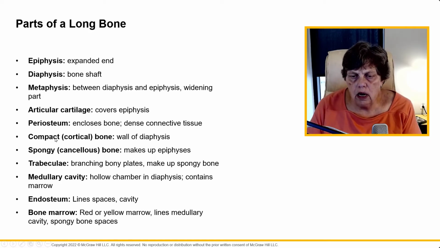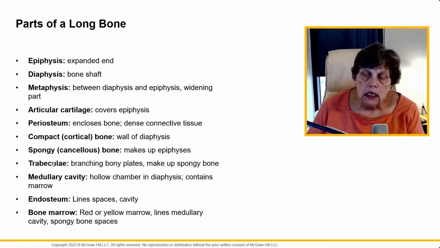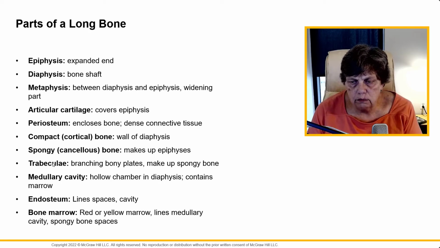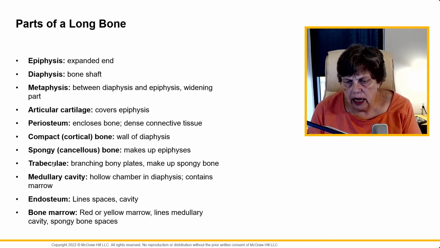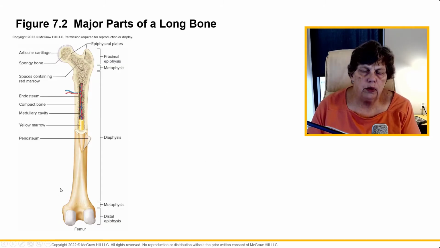We'll talk about compact bone and spongy bone, and we're going to look at the trabeculae, which are in the spongy bone. Then we have the hollow cavity in the bone that contains the bone marrow. That's the medullary cavity. Then we'll talk about the endosteum, which lines that cavity, and then we'll take a look at the bone marrow.